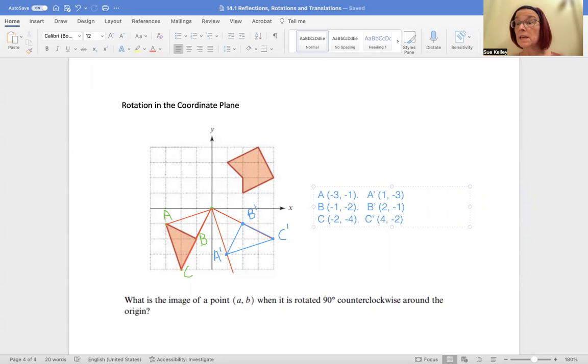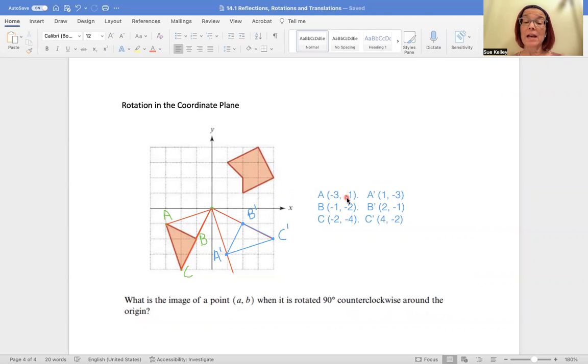So can you see the pattern that's taking place here? What you may notice is that the X in our pre-image is now becoming the Y in our image. Interesting.